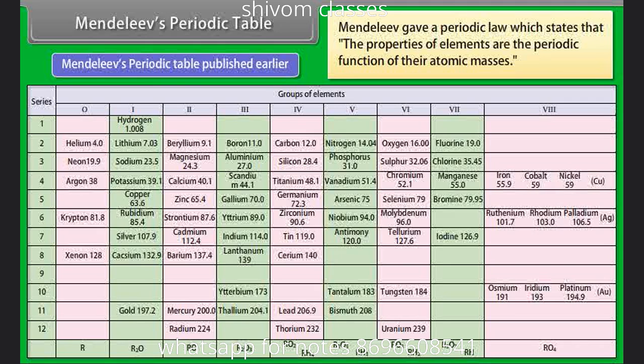For example, both gallium and germanium were not discovered at the time when Mendeleev proposed his periodic table. Mendeleev named these elements as Eka-aluminium and Eka-silicon respectively. Number 3. With the help of this table, doubtful atomic masses of certain elements were corrected.